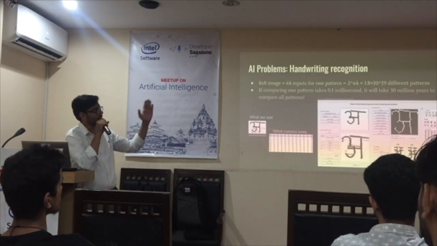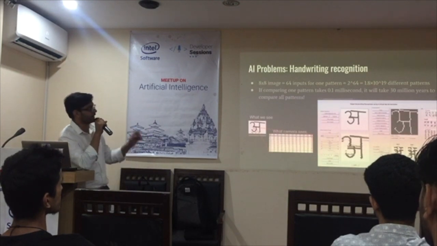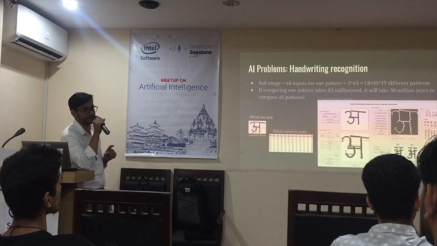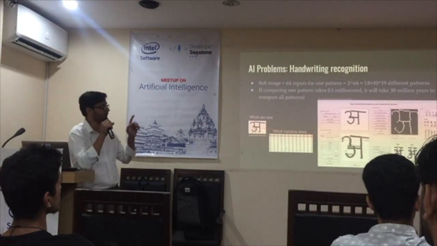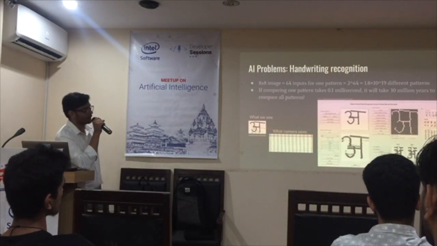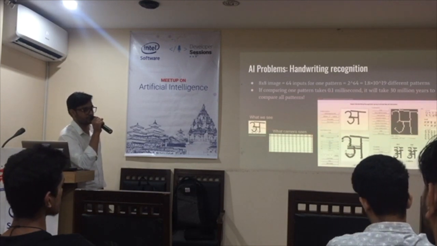That is about 16,000 petabytes of data. And if one 8 by 8 image takes 0.1 millisecond to compute, it will take 30 million years to compare all patterns. So it is a computationally very complex problem. So we cannot solve this using traditional methods.